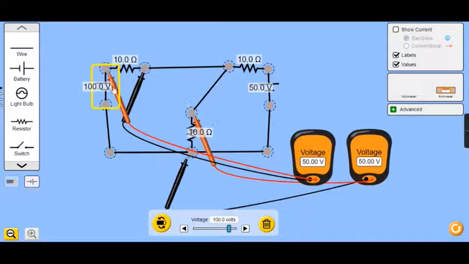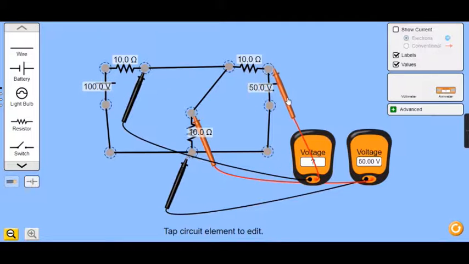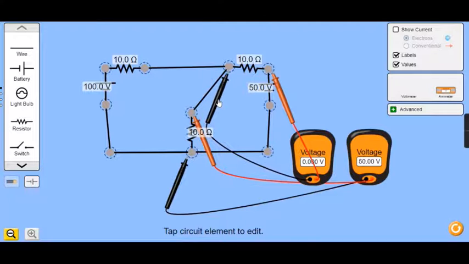The same case for the second loop. The voltage drop across this resistance is 50 volts. The voltage across the other resistance is 0 volts. So 50 plus 0, we got 50 volts.